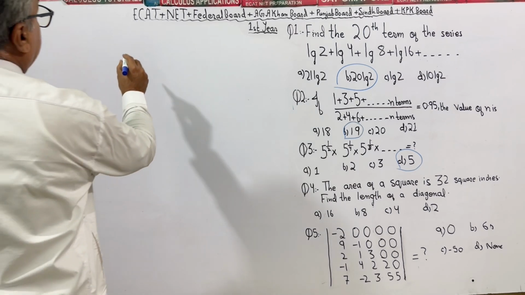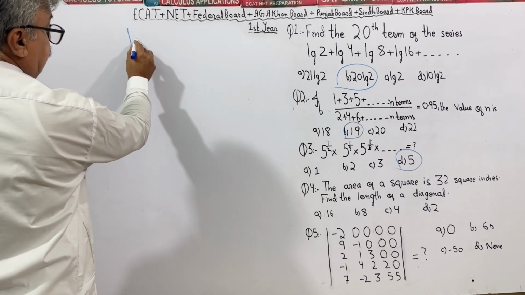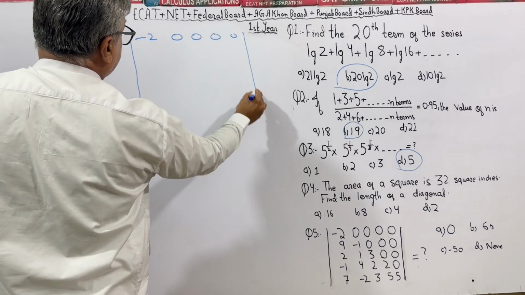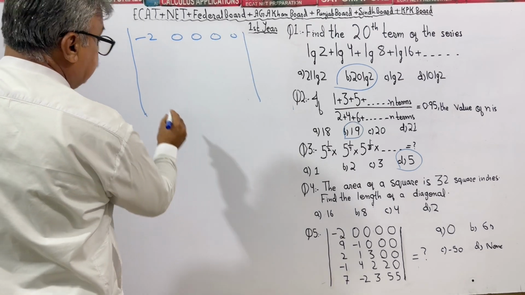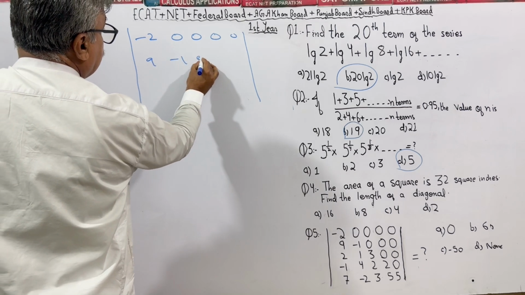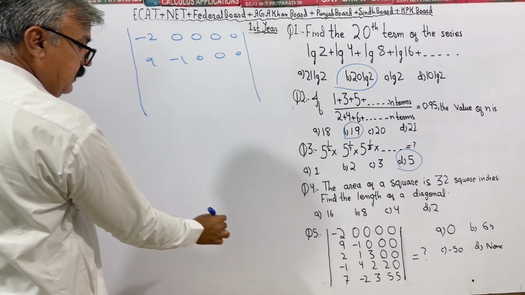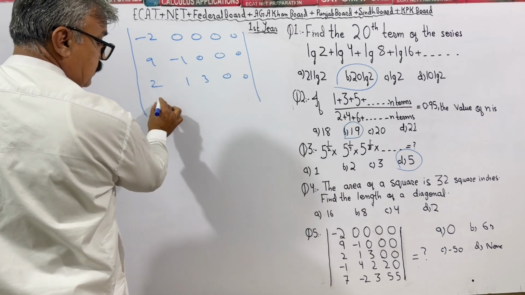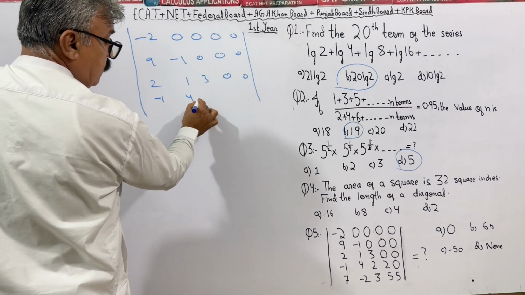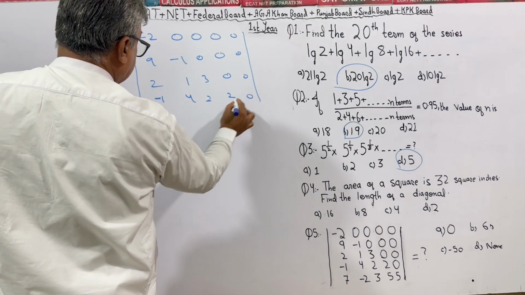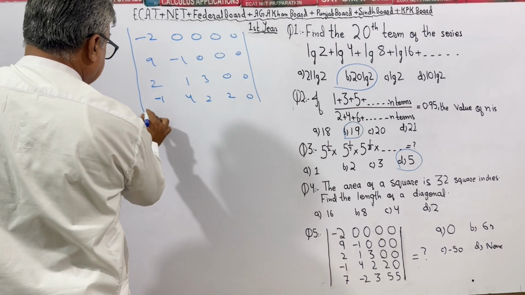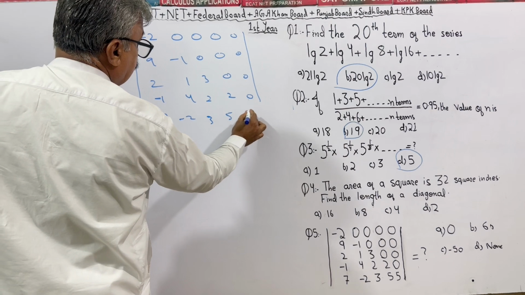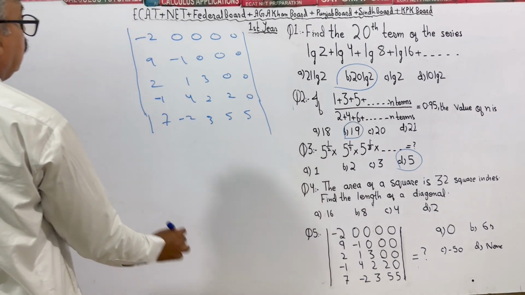It is going to take time. Minus 2, 4 times. Let me manage. Then 9 minus 1, means 0. 2, 1, 3. Then minus 1, 4, 2, 2, 0. The next one is 7 minus 2, 3, 5, 5. Okay, cool. Look at this.